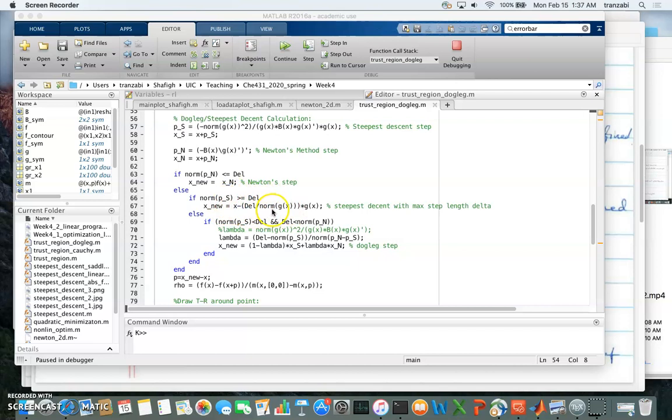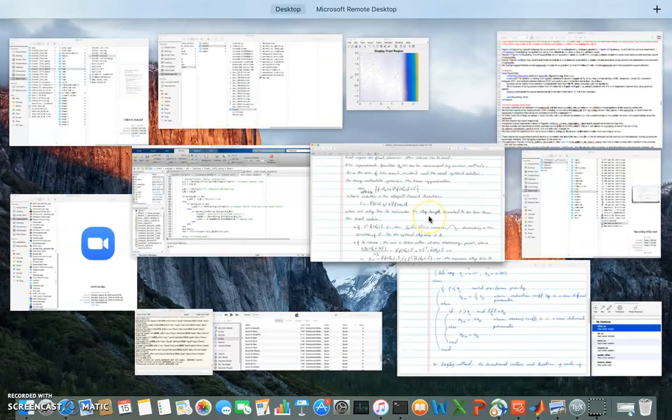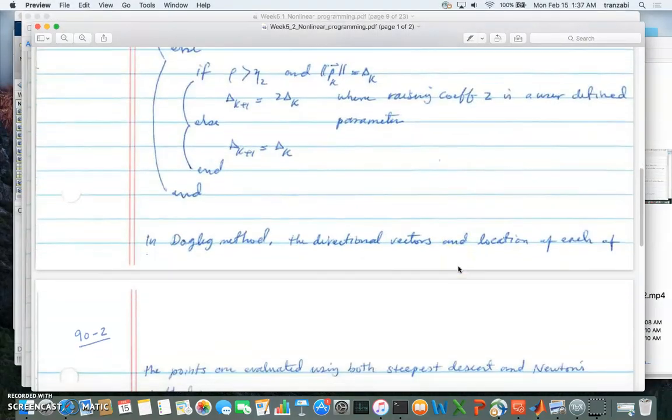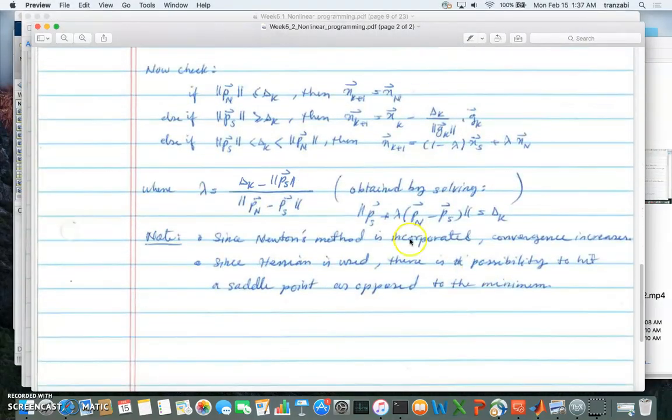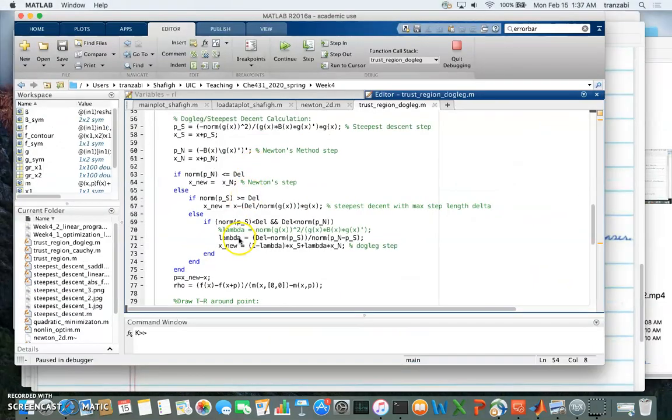If none of these happens, then it has to be a combination of Newton's solution and steepest descent solution using the lambda. And we have the equation for lambda in the lecture note here. So we find the lambda from here and then use it to calculate the next step. And that's what we have here.